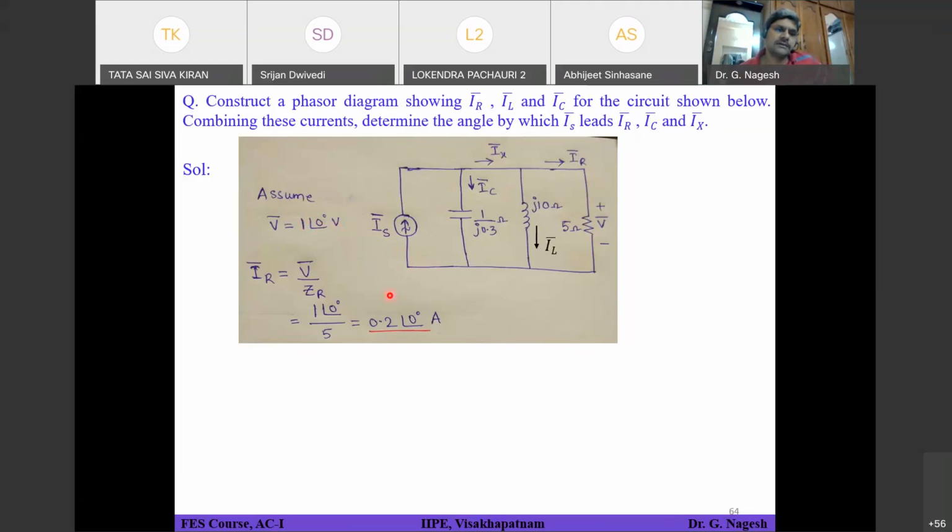IR I have already calculated: 0.2 at an angle of 0 degrees. So try to calculate IC, IL, and then we'll calculate IX also. So simply voltage divided by the corresponding impedance.